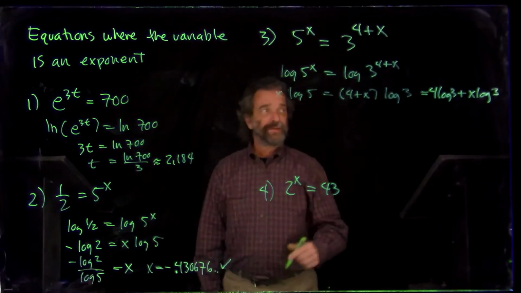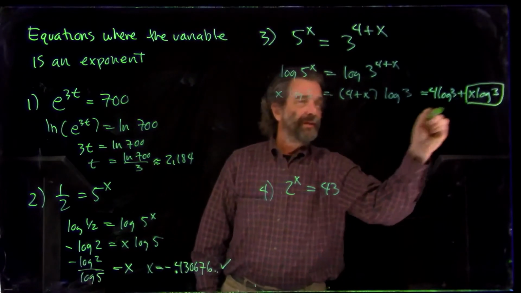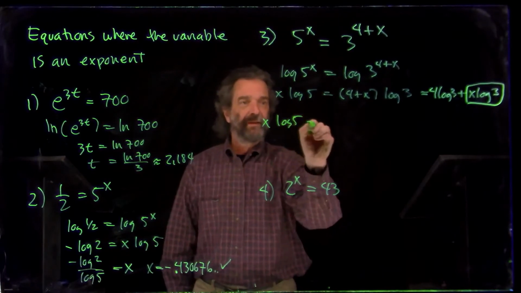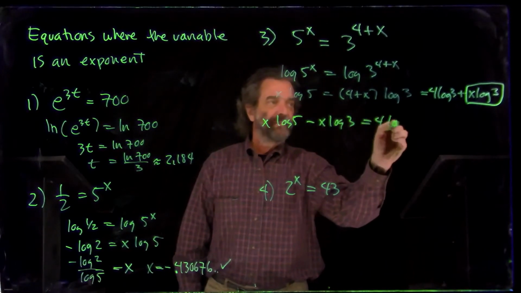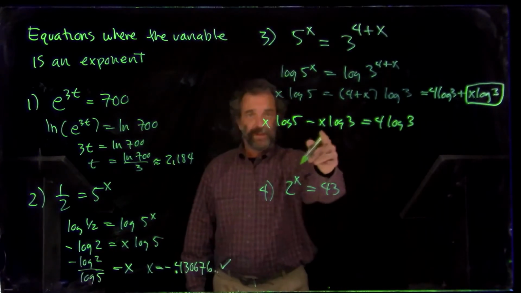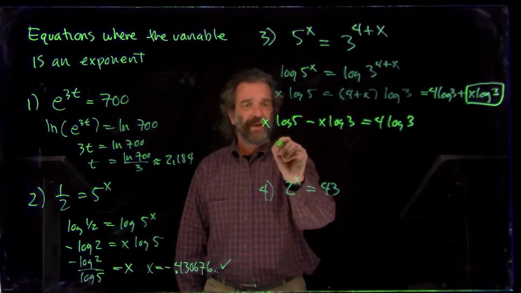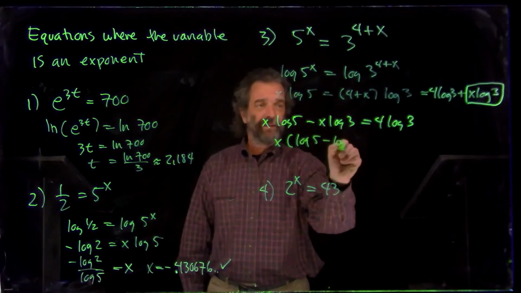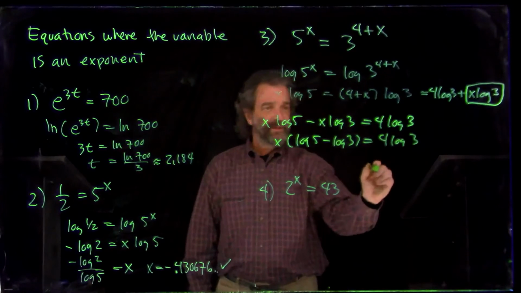I want to get everything with x on one side, so I'm going to take this x log 3 and subtract it off from both sides. So I get x log 5 minus x log 3 is 4 log 3. And then we'll factor the x out. That's why I stuck the terms with x on the same side, so I can factor the x out. x times (log of 5 minus log of 3) is 4 log 3.